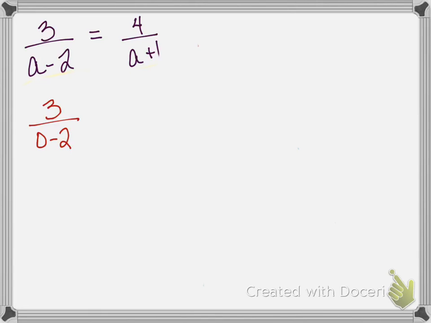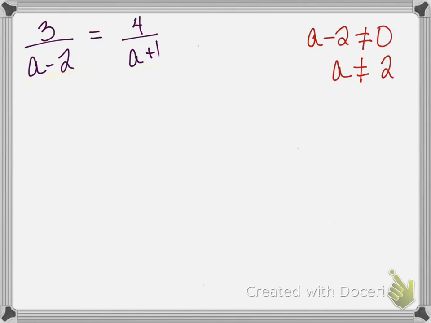Yes. But what value for A makes my denominator 0? 2. So in this situation, A can't be 2. Because if I plug 2 in here, what do I get in the denominator? 2 minus 2. 0. So that's 3 over 0.